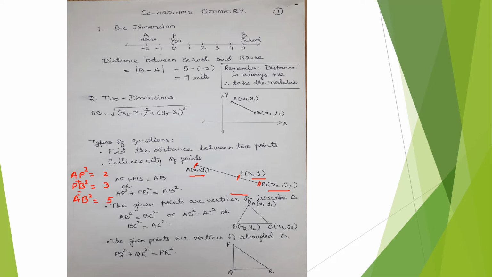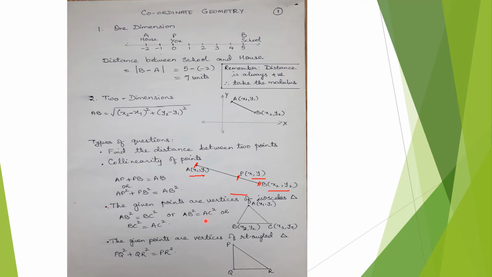You see AP square plus PB square will be equal to 2 plus 3, and that is going to give you AB square, which is 5. So it becomes easy for us to check whether AP square plus PB square is equal to AB square. That is the reason we can also use this method of AP square plus PB square equals AB square.